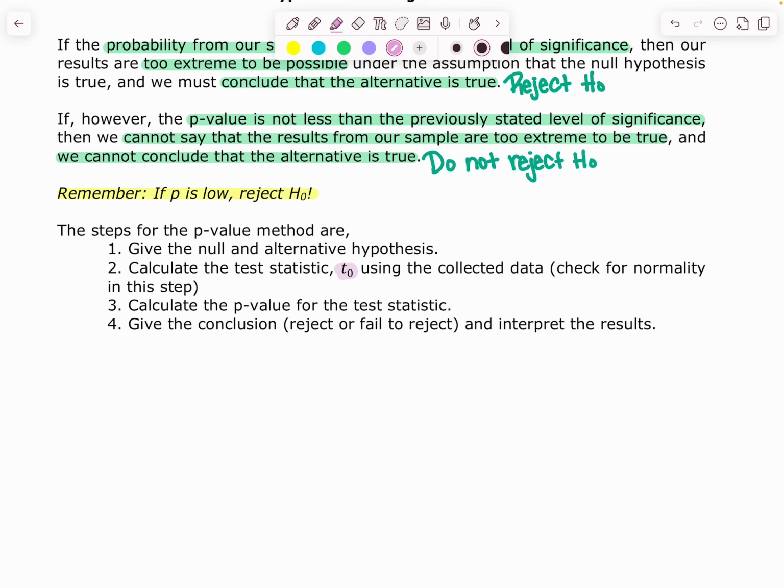Calculate the p-value in step 3. And step 4, give the conclusion, either reject or fail to reject based on your p-value and your level of significance, and then interpret the results. And that interpretation should be in a form that anybody, regardless of their statistical knowledge, could read and understand.